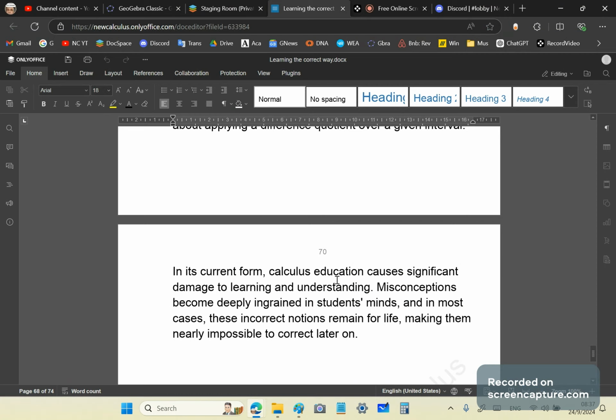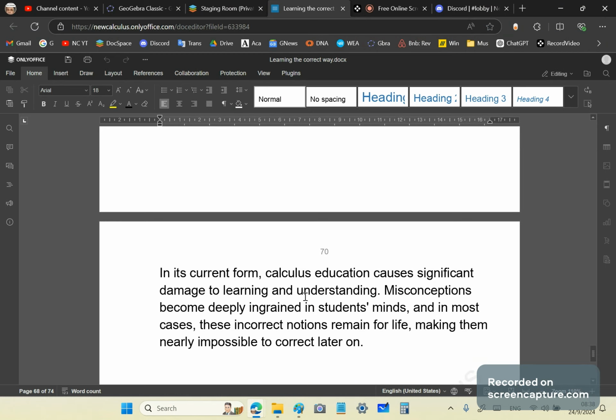In its current form, calculus education causes significant damage to learning and understanding. Significant damage, because it's not about the crap that is stated in the mainstream definition. It's about an arithmetic mean, okay? And I've explained that in many other videos. The mainstream statement of the mean value theorem is completely unremarkable. And it causes significant damage, and misconceptions become deeply ingrained in students' minds.